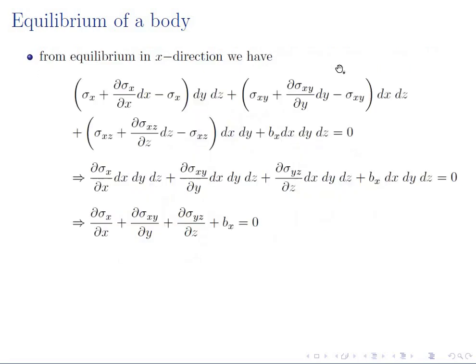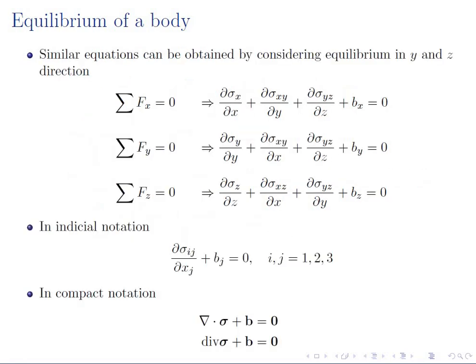Let's represent it with B, and let's say the component of that volumetric force in the x direction is Bx, and to get the total force, I have multiplied that force per unit volume with the volume of that cube. So this is the equilibrium of all the forces of that cube in the x direction. Simplifying it, I'm getting this kind of equilibrium equation, which is the equilibrium in the x direction.